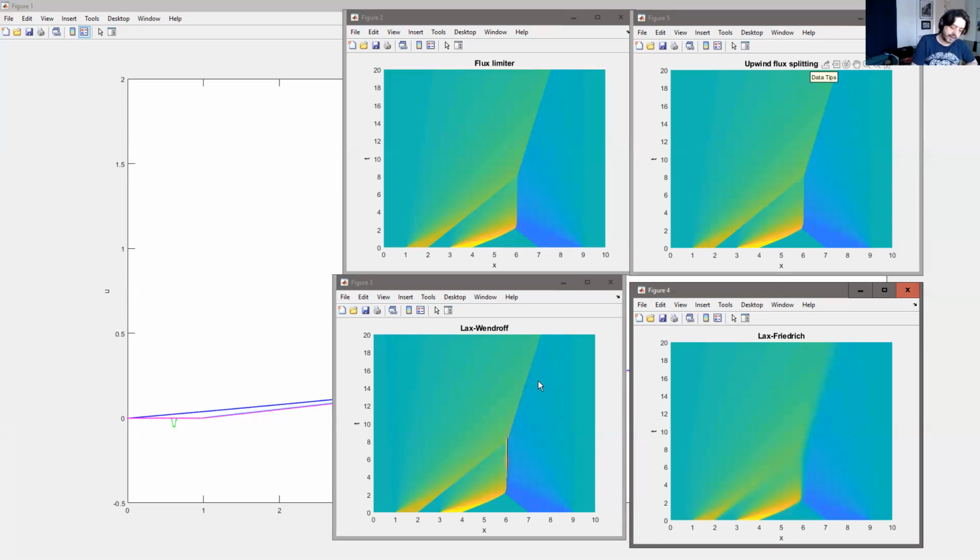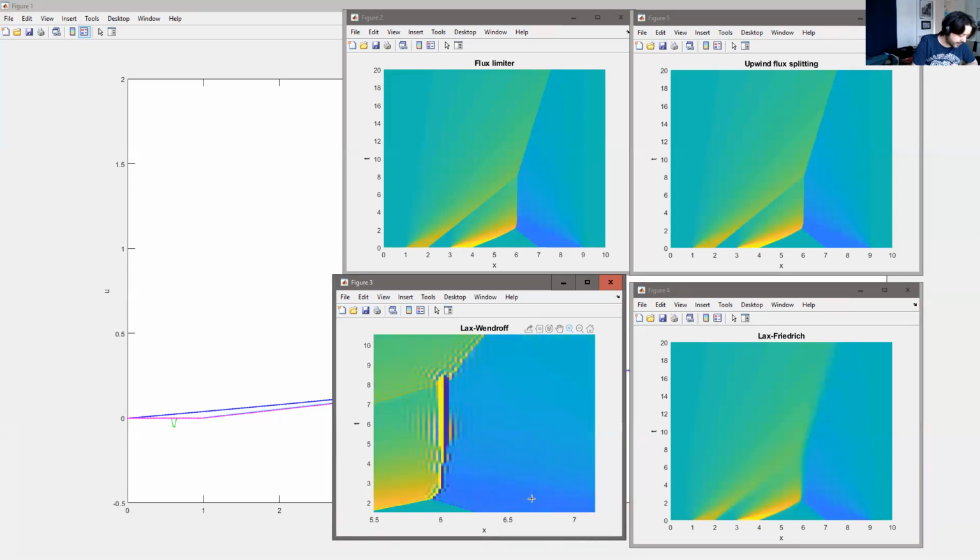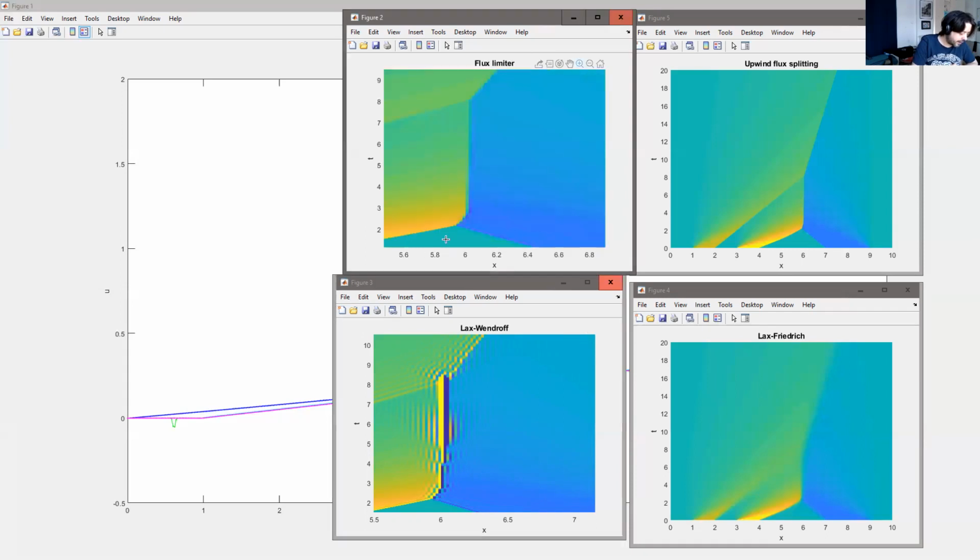And then you have the Lax-Wendroff scheme, which, if I start to zoom in, is very, very wiggly. In particular, when you look here in this region, it looks quite terrible. Whereas the flux-limited scheme, if I do a similar zoom in, trying to get the same region, is actually quite nice.